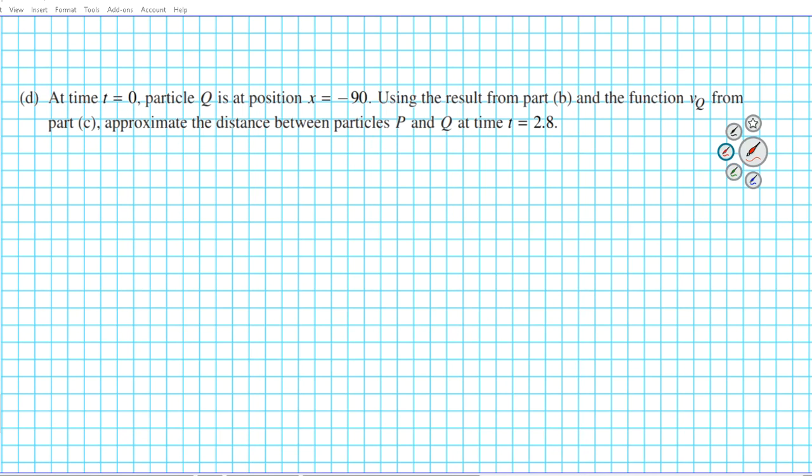Let's go ahead and write down the steps. There are multiple steps involved in this, so let's outline it before we start.